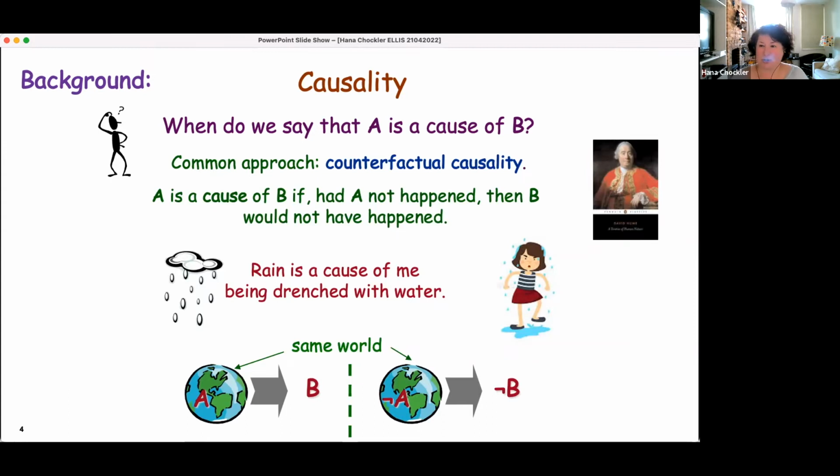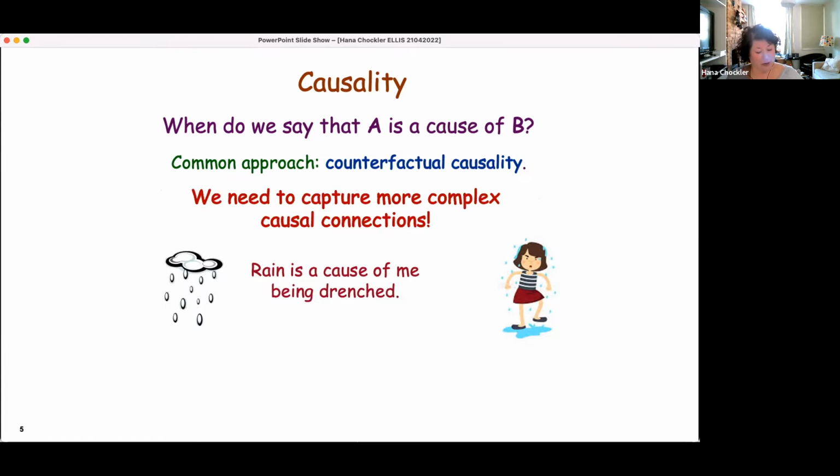However, it doesn't capture the complex relationships and connections that are needed to make it useful for practical applications, and in general actually to reason about philosophical problems as well. I'm not going to name all the problems because I'm trying to avoid putting formulas and formal definitions on slides.